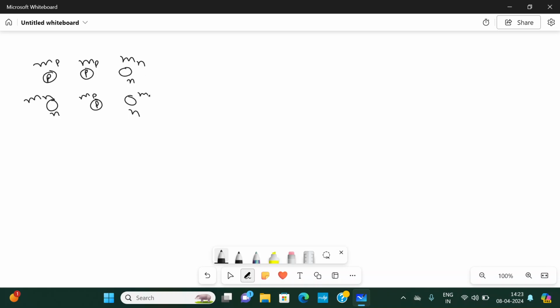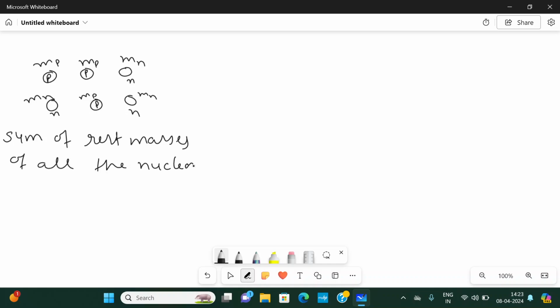These are rest masses of nucleons. We are considering the rest masses of nucleons. Then the sum of rest masses of all the nucleons is 3 times Mp plus 3 times Mn.